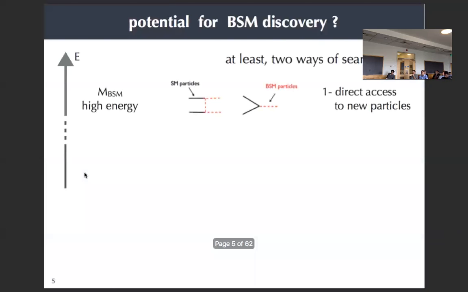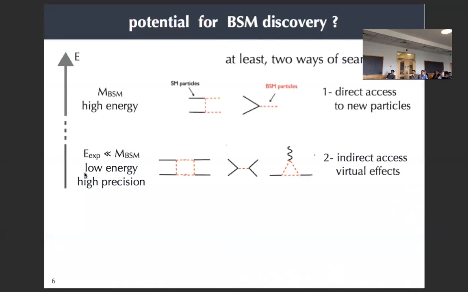So exploration of this new physics can happen in different ways. For example, if you stay at very large energy, you can directly search for evidence of new particles. But if you have enough precision, you can go to lower energies and look for indirect evidence induced by these new particles.